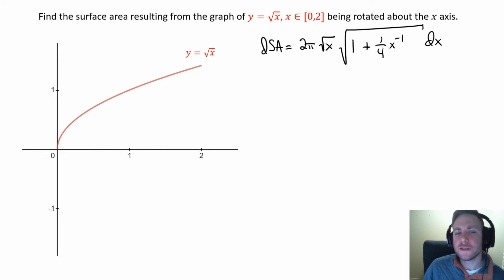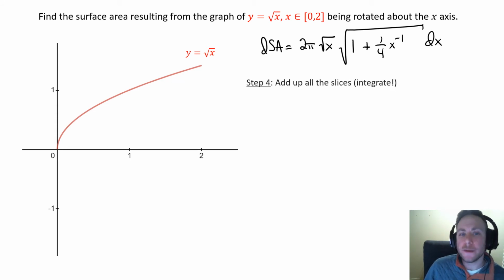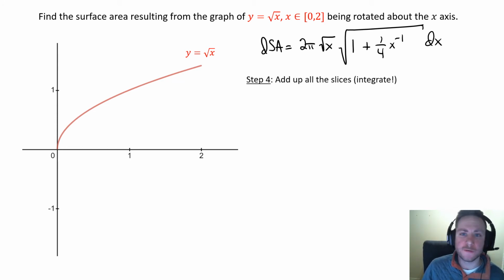So we've come up with this expression which represents the surface area of the slices. All that remains now is to add up those slices to get our total surface area, and that means integrate. More specifically, our total surface area SA will be the integral of all these pieces that we called dSA. But we still need to indicate our integration limits.